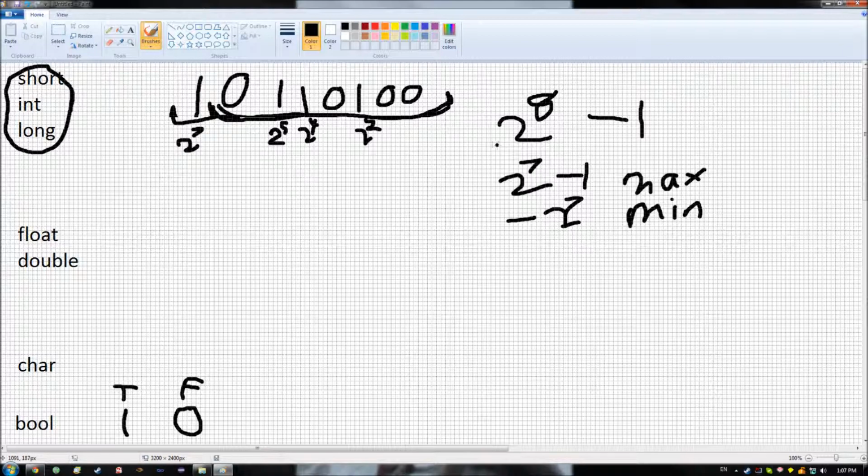So, in an 8-bit unsigned int, you wind up going from 0 to 255. In an 8-bit signed int, you go from negative 128 to positive 127.